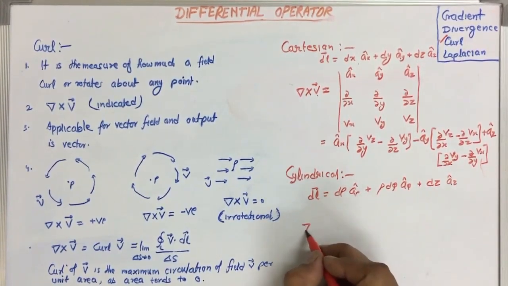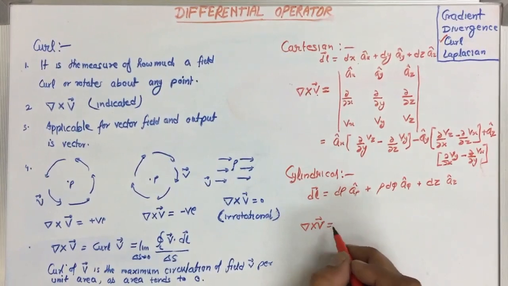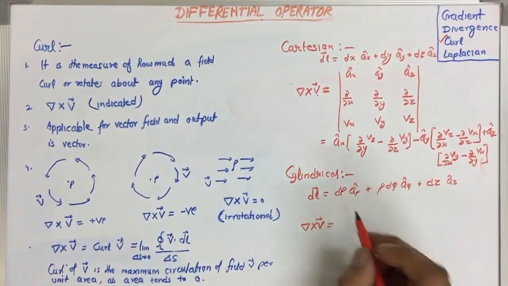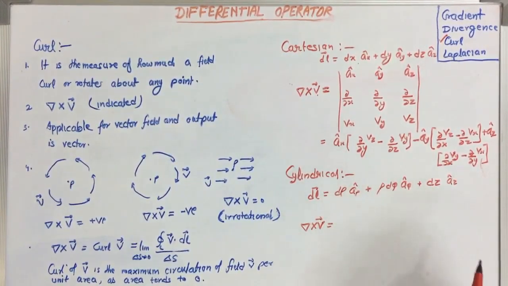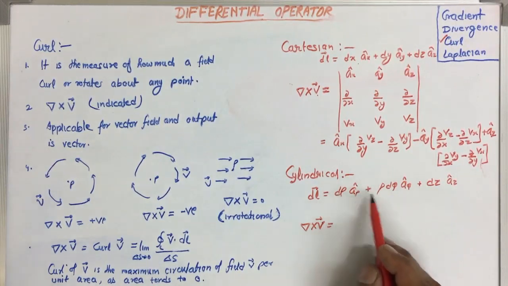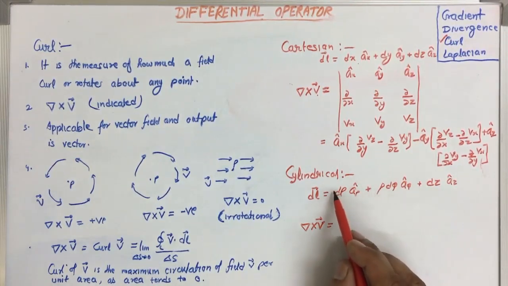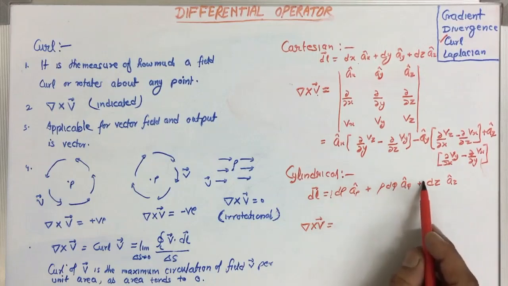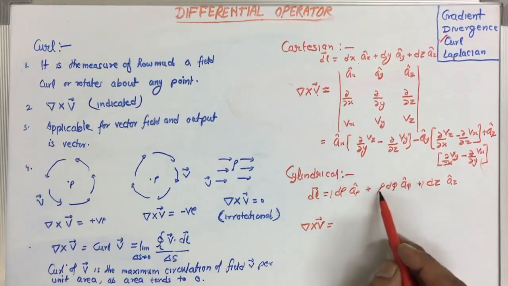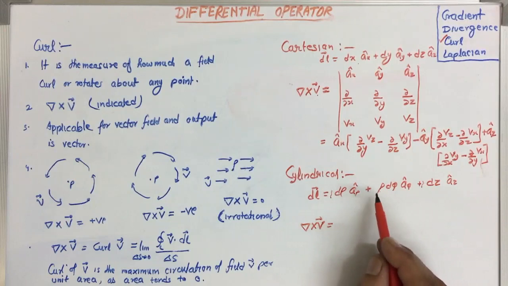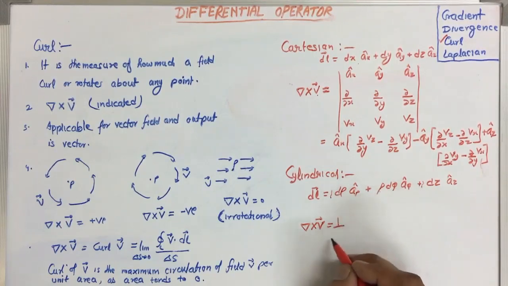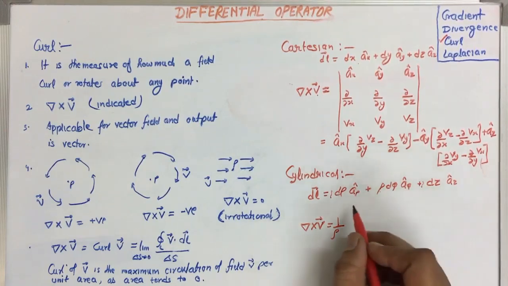Now the curl of vector field V in cylindrical form can be written as, so the coefficients here are 1, rho, 1. Just multiply the coefficients, that is 1 multiplied with rho multiplied with 1, it will be rho. So outside it will be written as 1 by rho. This is to make everything simpler for solving the problem.